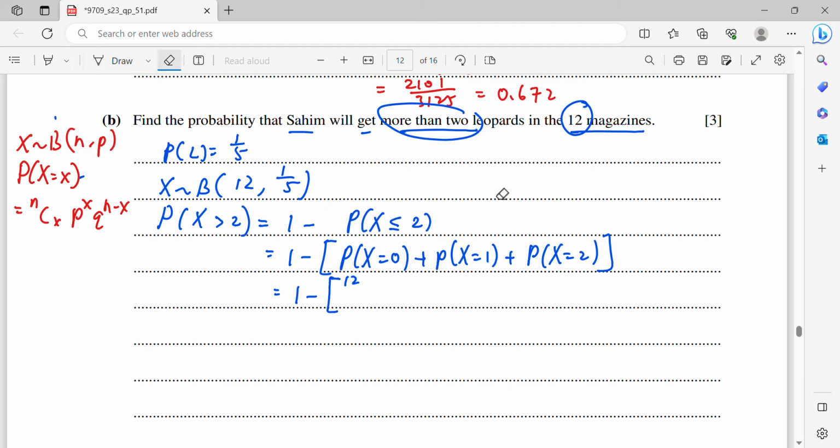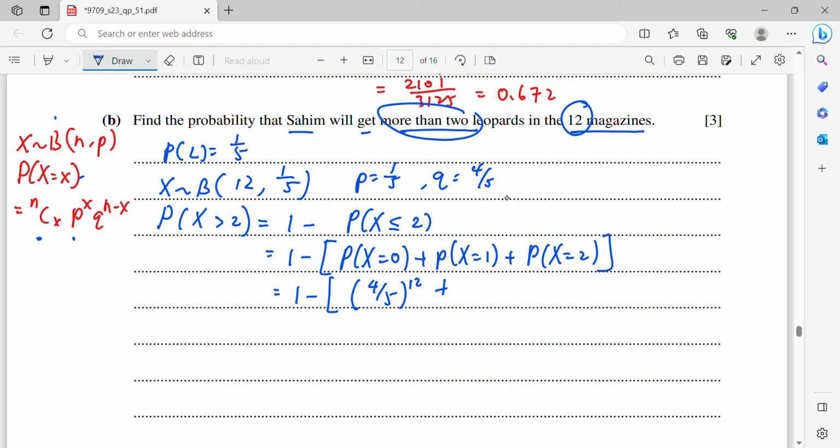Now the first one, when x equals 0, means that there's no success. So when no success, you can just ignore the first 2 terms because it will be 1. In other words, it means all failures. So your p is 1 over 5, and then q is going to be 4 over 5.